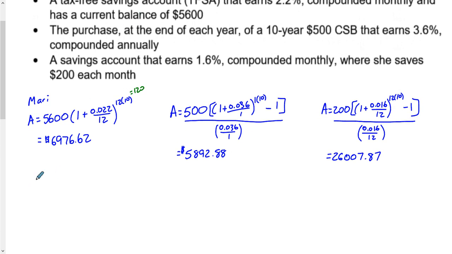So how much are we working with for interest? Again, we still want to find out her rate of return. 6976.62, subtracting the $5,600 works out to be $1,376.62. $500 away for 10 years works out as $5,000.